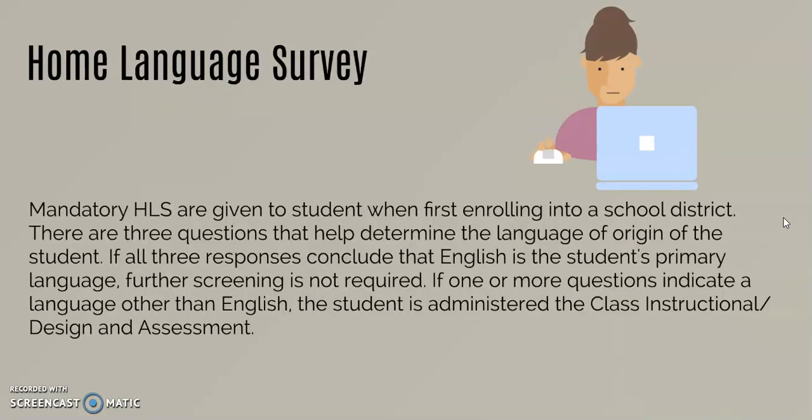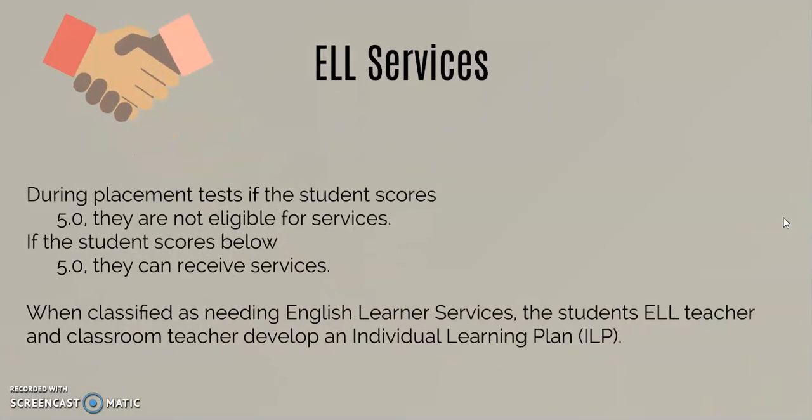Home language surveys are given to any student at any school district, and these are three questions that determine the origin language of the student. If all three questions conclude that English is the student's primary language, further screening is not required. But if one or more questions indicate a language other than English, the student is administered a placement assessment for ELL services.